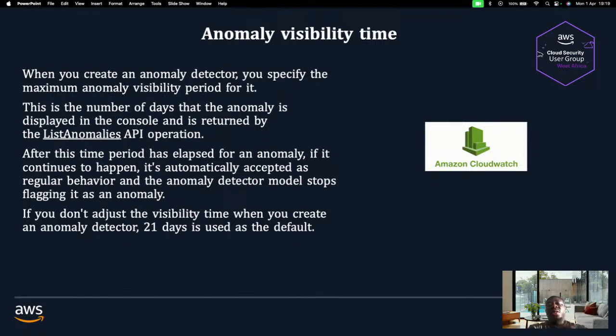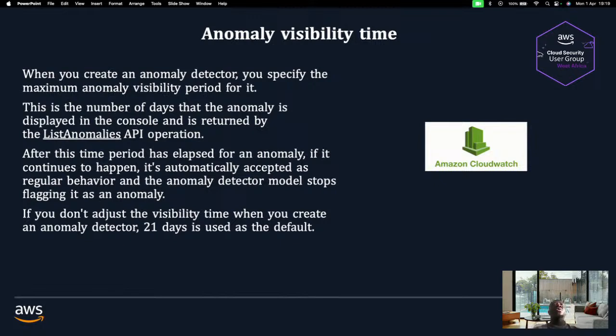Now, it's important to note that after this time has elapsed, if the anomaly continues to happen, it is now accepted as regular behavior, and the anomaly detector model stops flagging it as an anomaly.